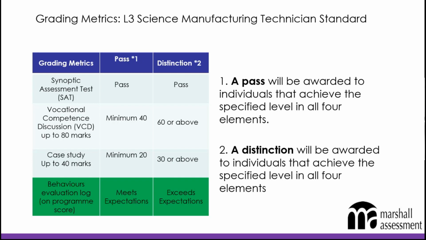Okay, so one of the key things is that if you go in through Gateway and you already know that your behaviour log meets expectation for any of those elements, you actually cannot score distinction overall. Because again, the right hand column, what you need to get distinction is a pass in the observation, 60 or more, 30 or above, and then exceeding expectation in each of the behaviour criteria.